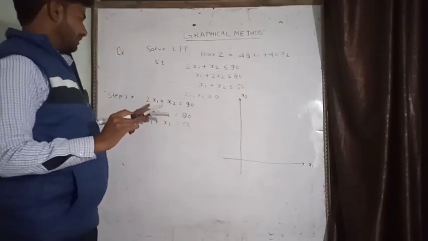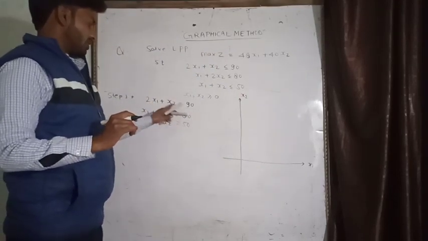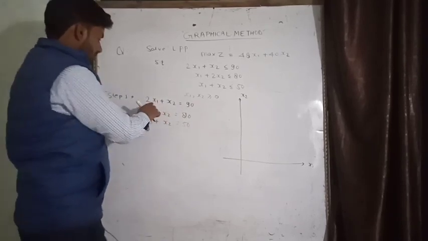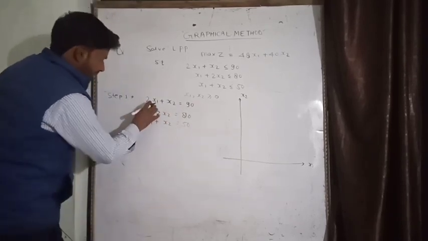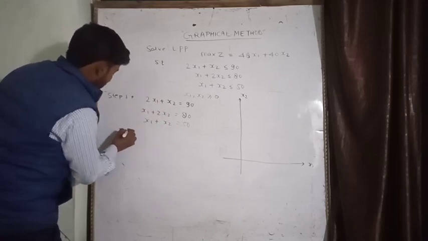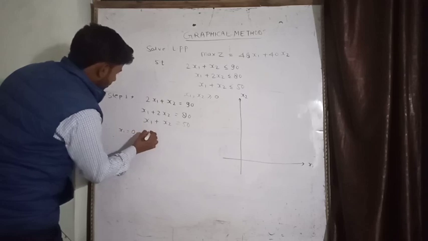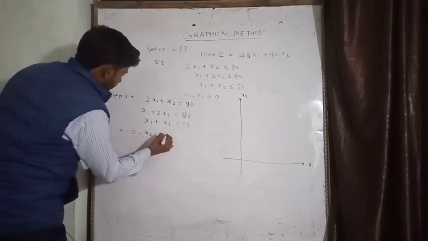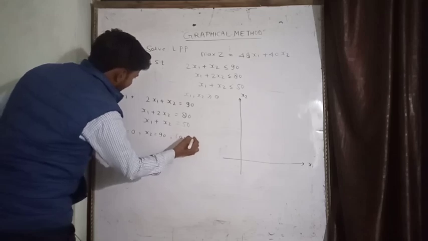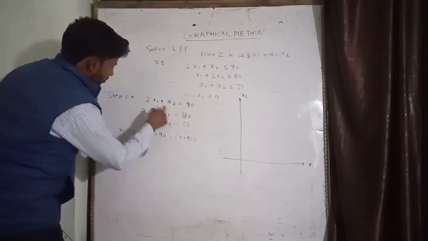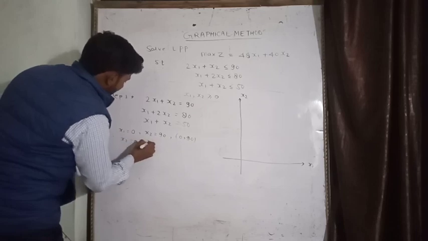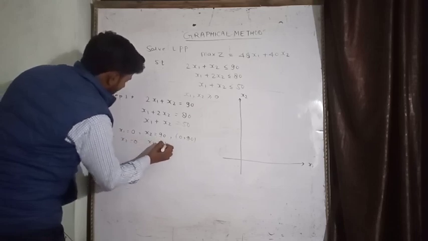Now we draw this line on the plane. If we put x1 equal to 0, then x2 is equal to 90. So this point becomes (0, 90). Again, if x2 is equal to 0, then x1 becomes 45.